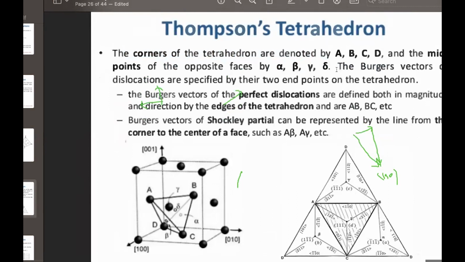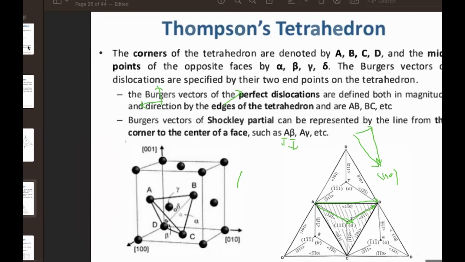If you check, annotate again. So from A to B, we have perfect dislocation, but from A to kappa, we have Shockley partials. Kappa to beta, we have Shockley partials. So Shockley partials can be represented to line the corners to the centers of the face, from capital letter to Greek letter, we have Shockley partials.